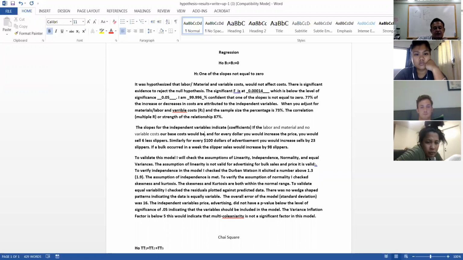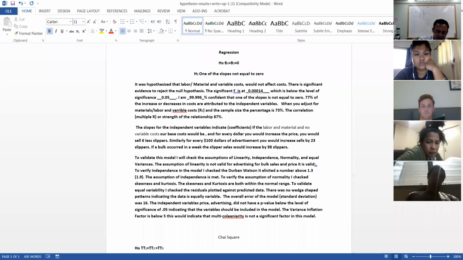If it's in hundreds, it would be $900. I'm just going to go with $9 just to make it simple. We'll put the dollar symbol and $9.